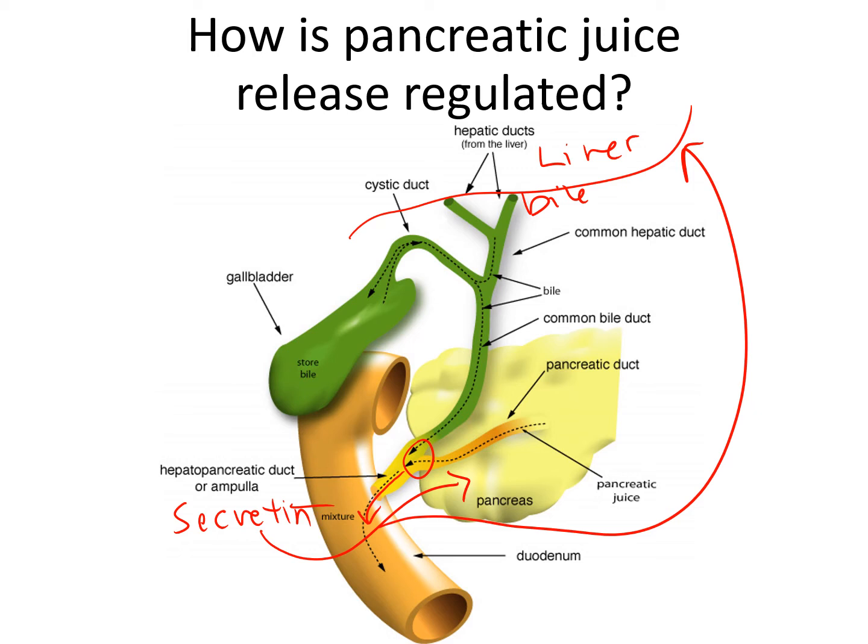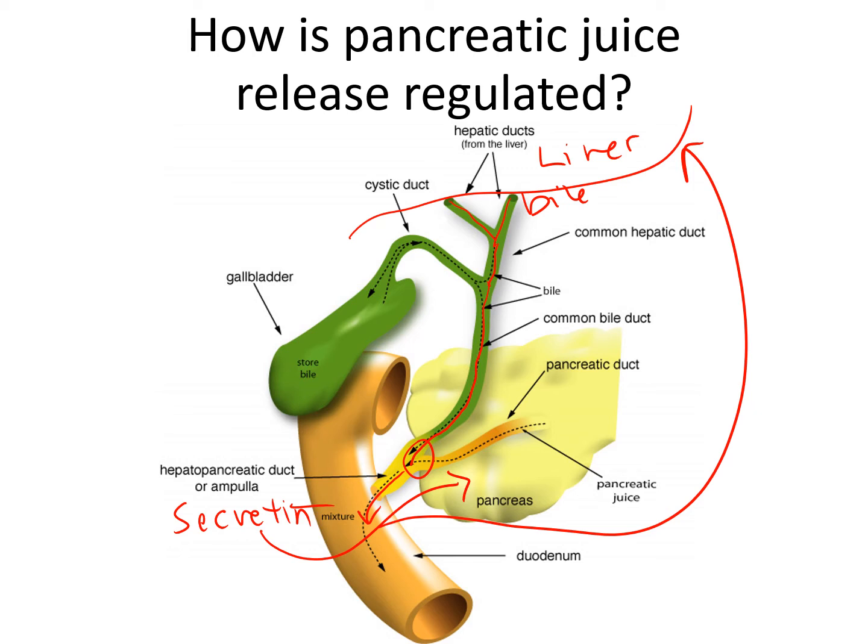Okay, let's do that one more time. The liver produces bile. It comes from this right and left hepatic duct, down through the common hepatic duct, down through the common bile duct. Right here we join with the main pancreatic duct, and the bile joins into the small intestine.